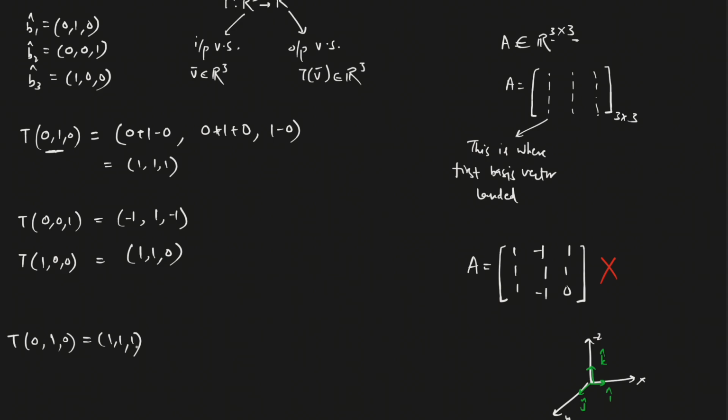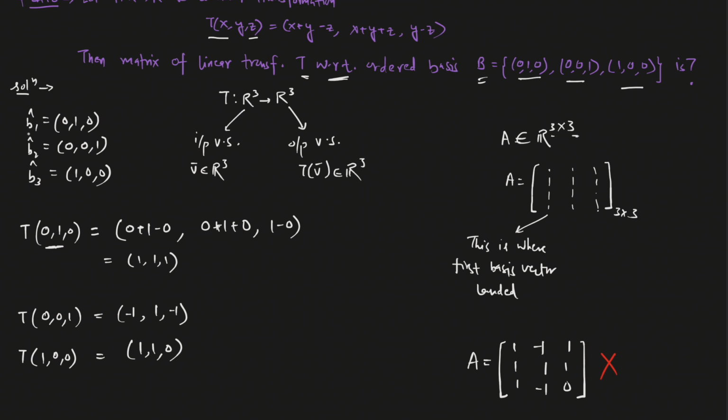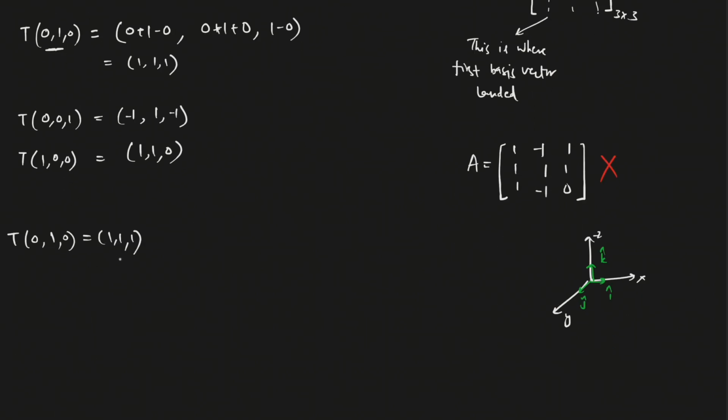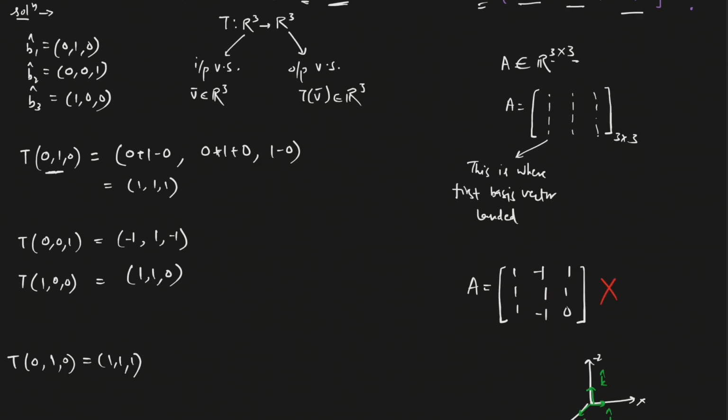So another way is, because this vector needs to be written as a linear combination of these three vectors, because these three vectors are linearly independent. That's why they are a basis set. Any vector belonging to a basis set is linearly independent with respect to the other vectors in that basis set, and these three span the entire R3, right? So if these three span the entire R3 and they belong to the basis set, then any vector v can be written as a linear combination of these three vectors.